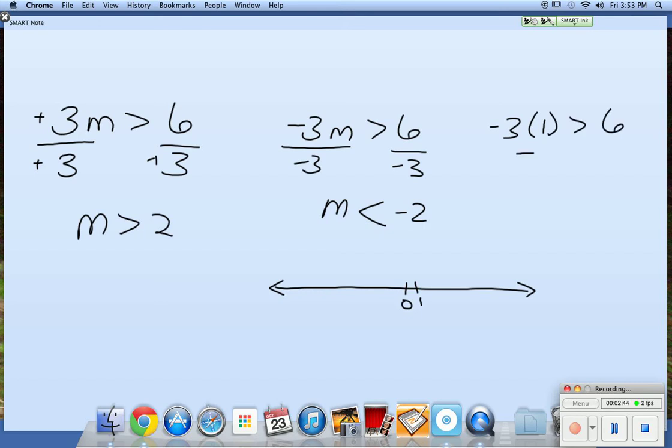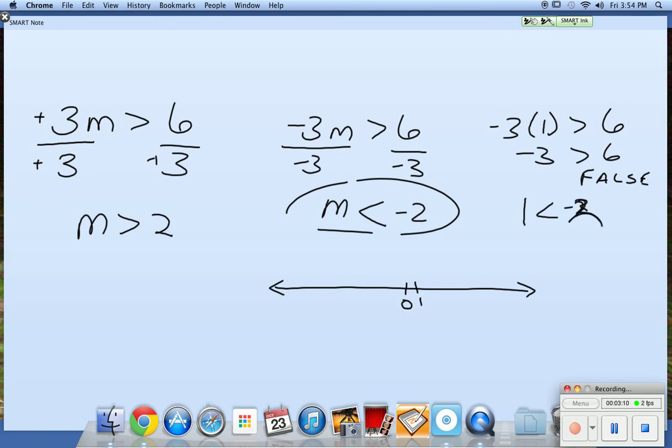Well, is negative 3 greater than 6? No, that would be a false statement. Now in this one here, m is less than negative 2. If I put 1 in for that, is 1 less than negative 2? No, that's also a false statement.